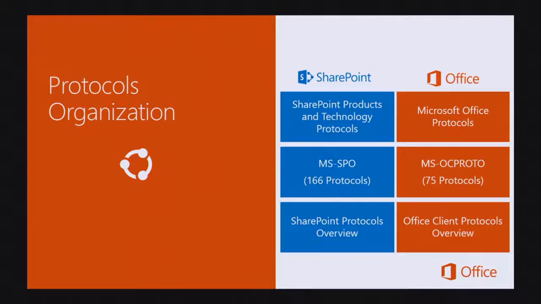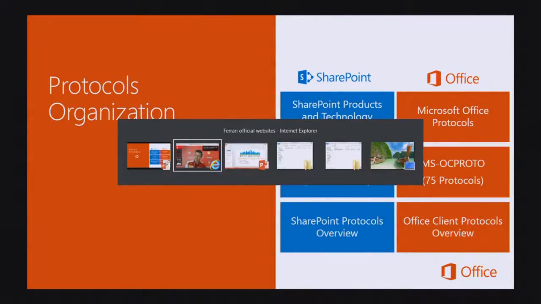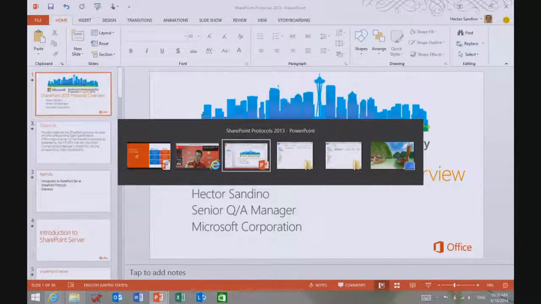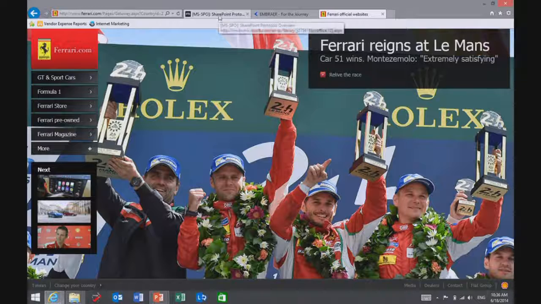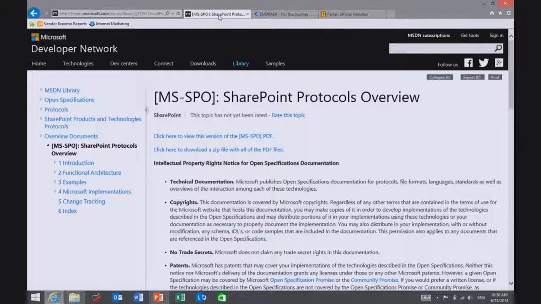I'm going to drill down a little more on this and give you a better sense of what I mean. But before that, I want to jump back quickly to the browser and point you to our MS-SPO document. This document lives in the MSDN library. We see the library icon here.